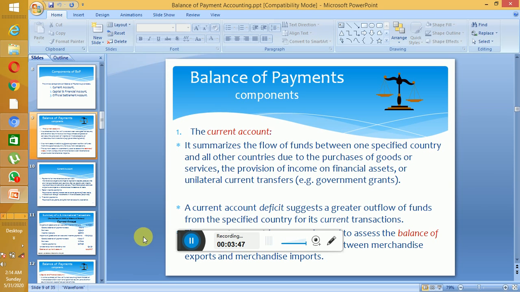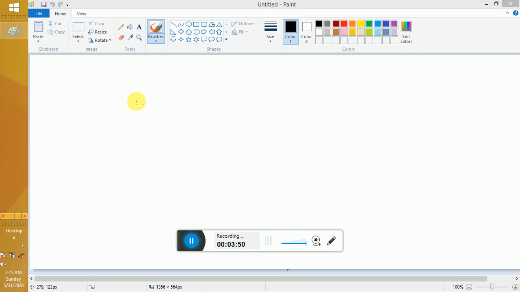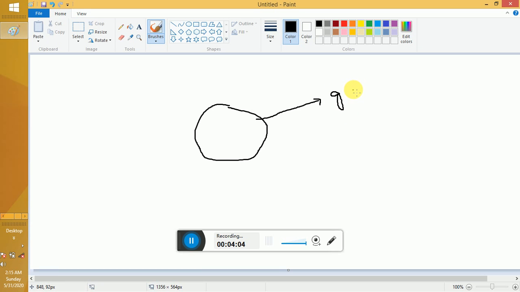So we are talking about three things. Number one is goods and services. Suppose we are importing goods or exporting goods.